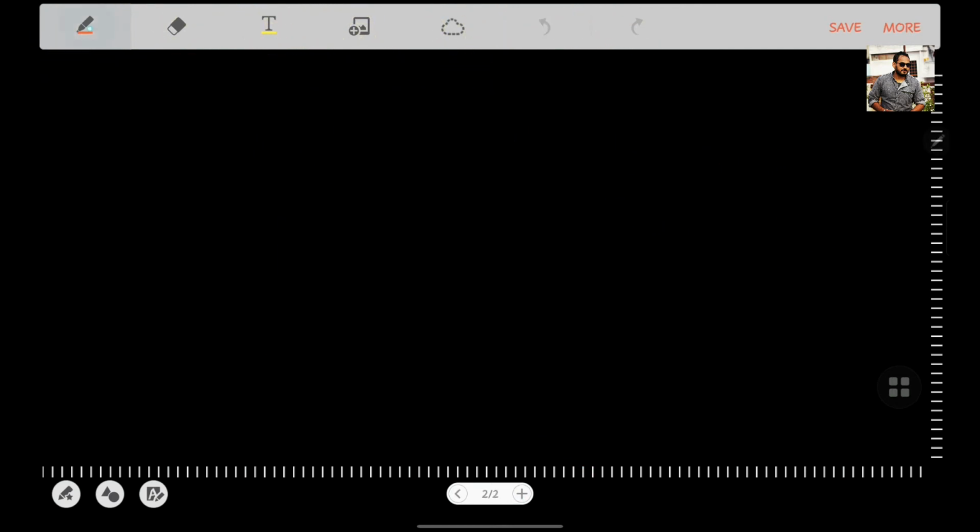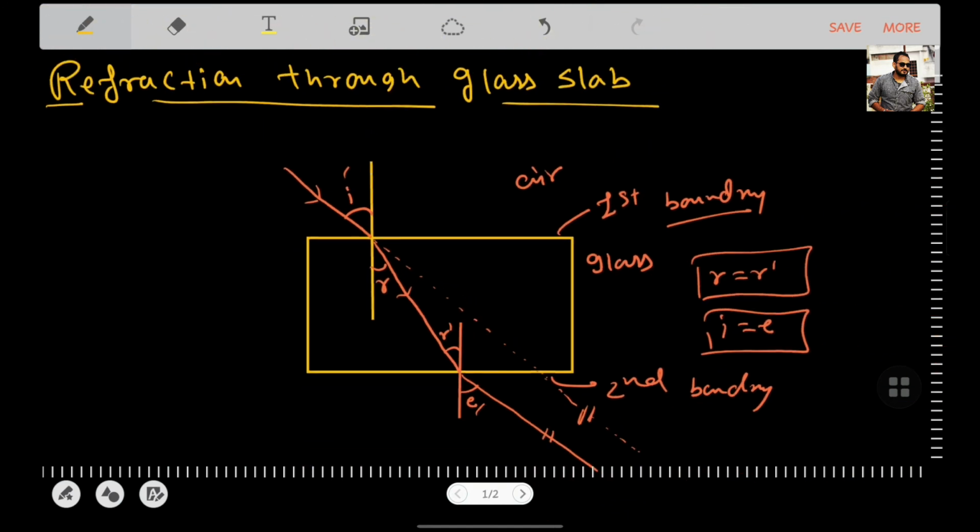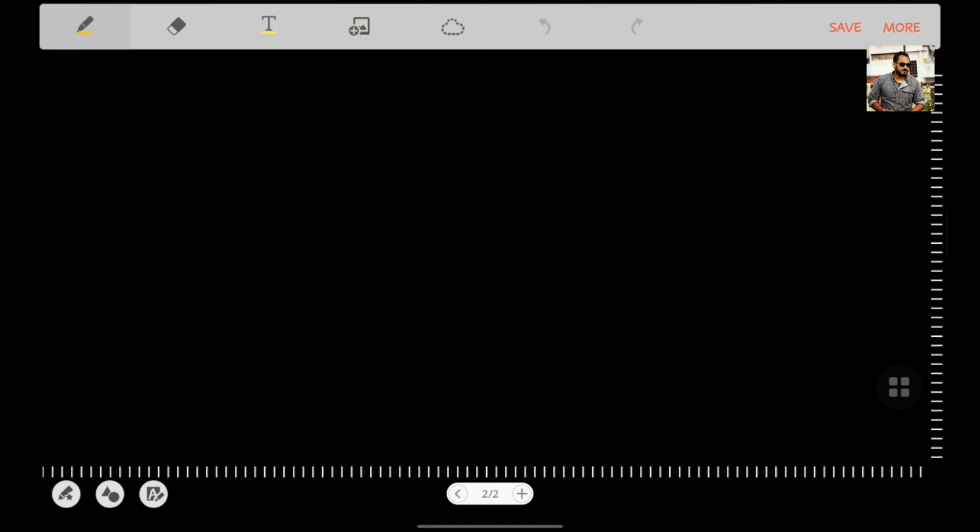Since the light ray was coming from air to glass in the first half, we can write here A and G, because it is entering glass. So the refractive index of glass with respect to air, because the light is incoming from air to glass, is sin I upon sin R. This is the first equation for us.